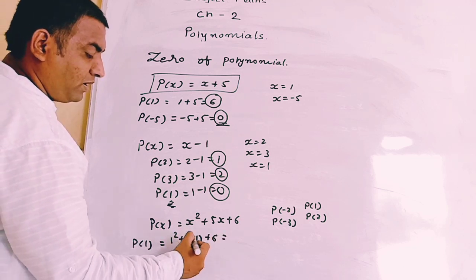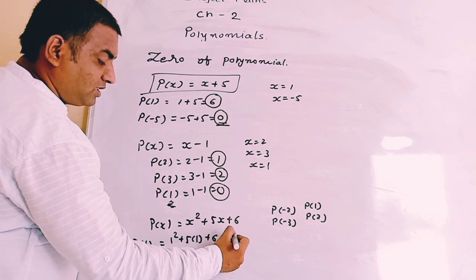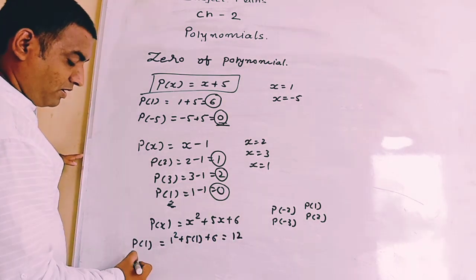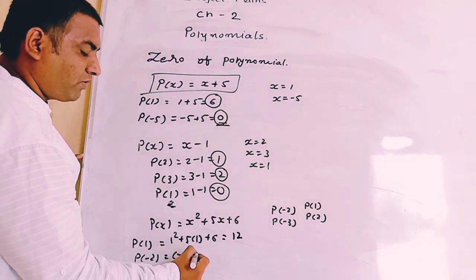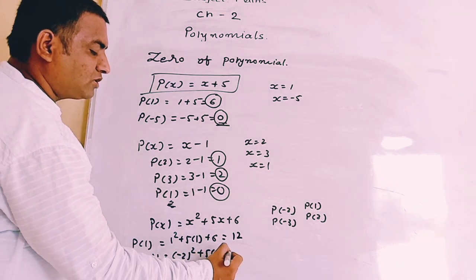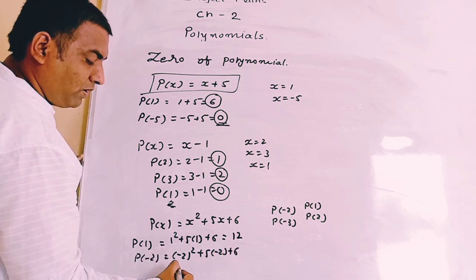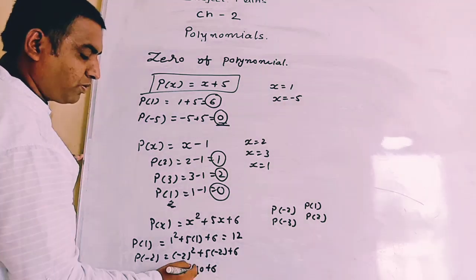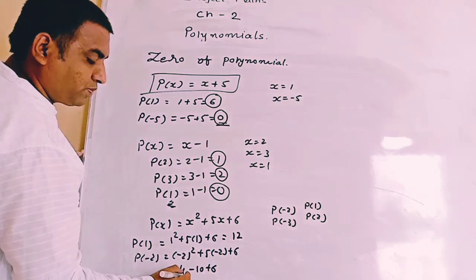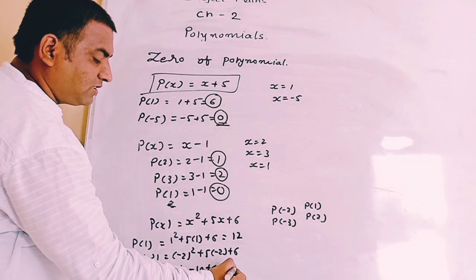So it will be 1 plus 5 plus 6, that is 12. P(minus 2) we take, and minus 2 square plus 5 into minus 2 plus 6. So it will be 4 minus 10 plus 6, which is 10 minus 10 equals 0.